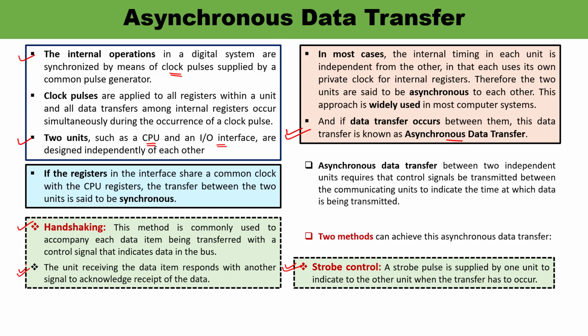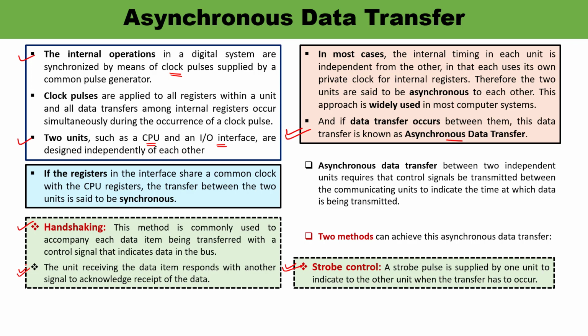And you are giving me the acknowledgement, yes or no. So in response to one control signal, another acknowledgement is given. The handshaking method is commonly used to accompany data transfer with the help of control signals. So this is a very important, very interesting unit. Now, with both methods, it doesn't mean that only handshaking is used or only strobe control is used.